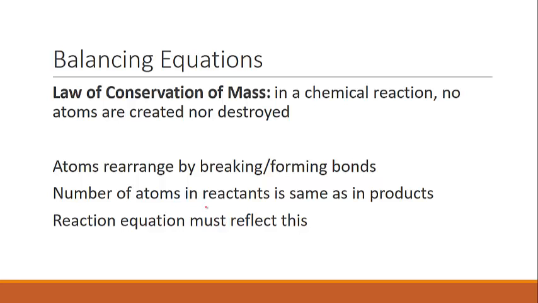And they reflect this by doing something known as balancing equations. We must ensure that our chemical equations are balanced. And what that means is that all of the atoms of each type of element have the same numbers represented in both the reactants as well as the products.